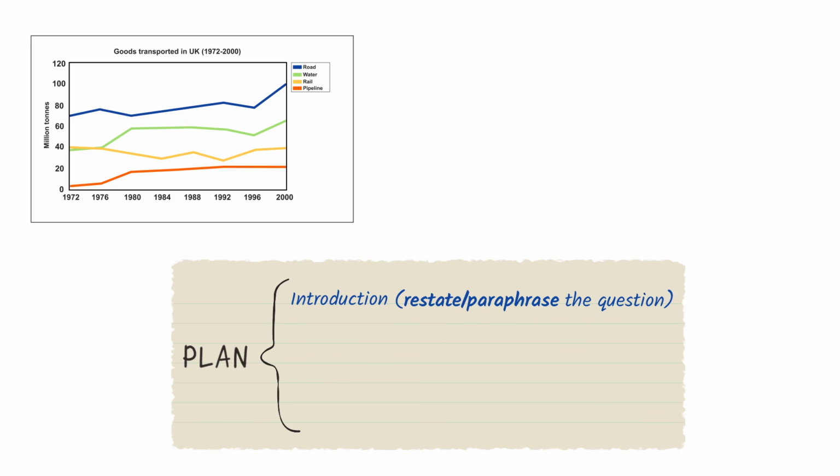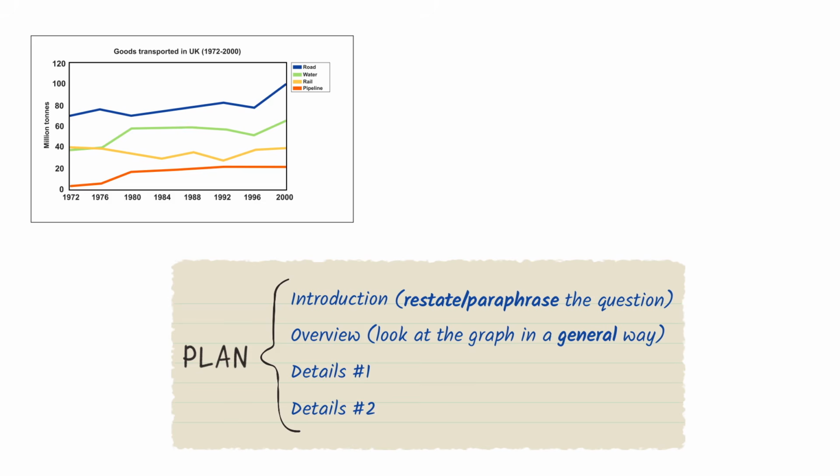And our second paragraph will be about our overview. So what is our overview? In the overview paragraph, we'll look at the graph in a general way. I'll talk about this more. So we'll analyze the data, not the specific data, but the graph in a general way. And paragraphs 3 and 4 will be about details of the graph.